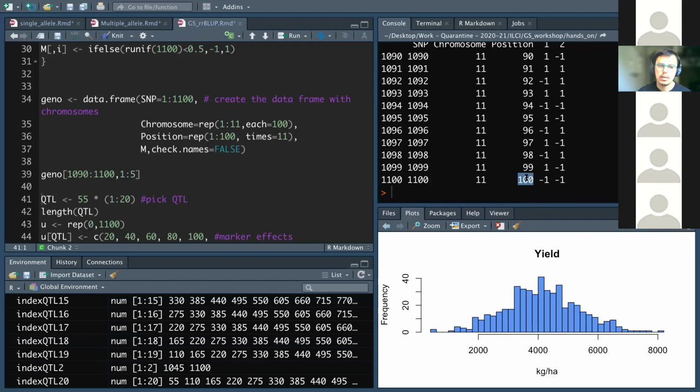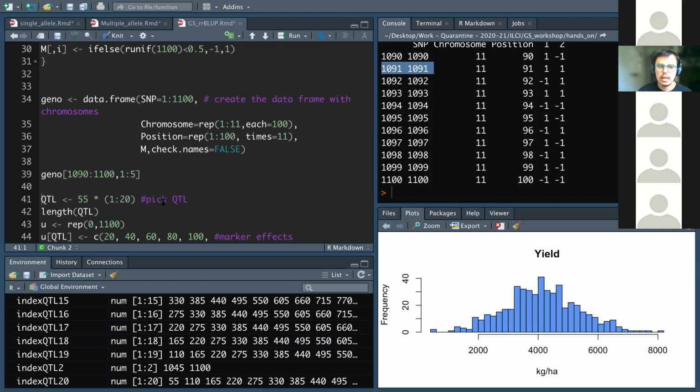So you are right, you are going to need to fix the variable. You first identify the QTL, the chromosome and the position, but then you can use the ID. As you can see here, the row number is the same as the SNP name that I use.